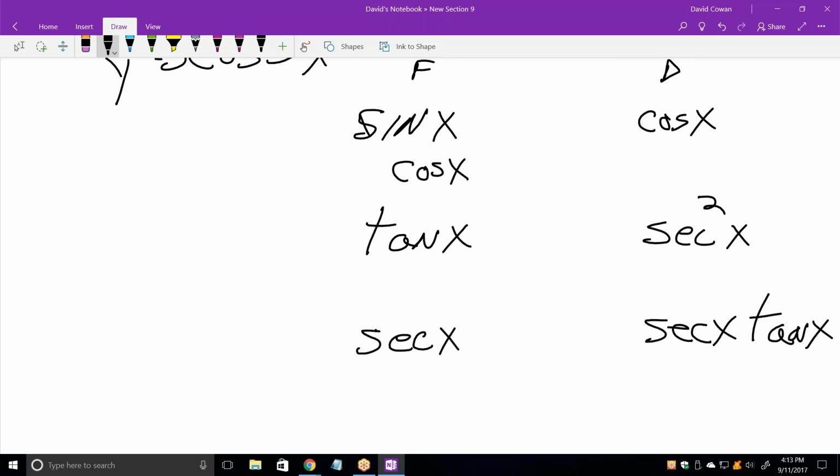What's the cofunction of tangent? Stick a co in front of it. You understand cofunctions? What's the cofunction of secant? Cosecant. Good.